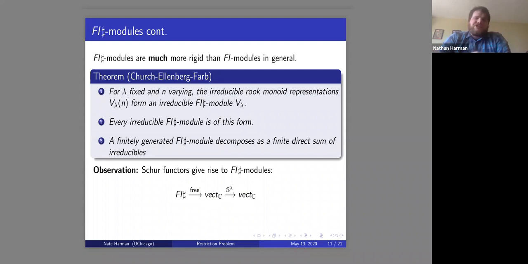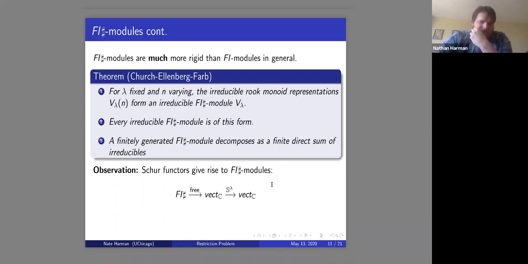And the reason this is relevant to the restriction problem is just a composition of two functors. I take my Schur functor defining my polynomial representations, and pre-compose it with the free functor from FI sharp to vector spaces, which, if you think about it in terms of sets, sends an n-element set to the vector space spanned by that set.